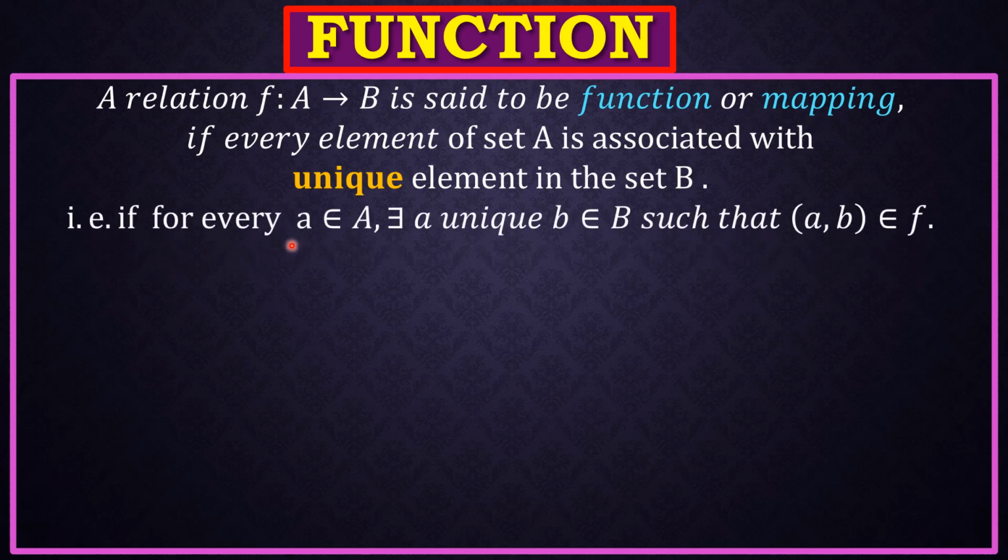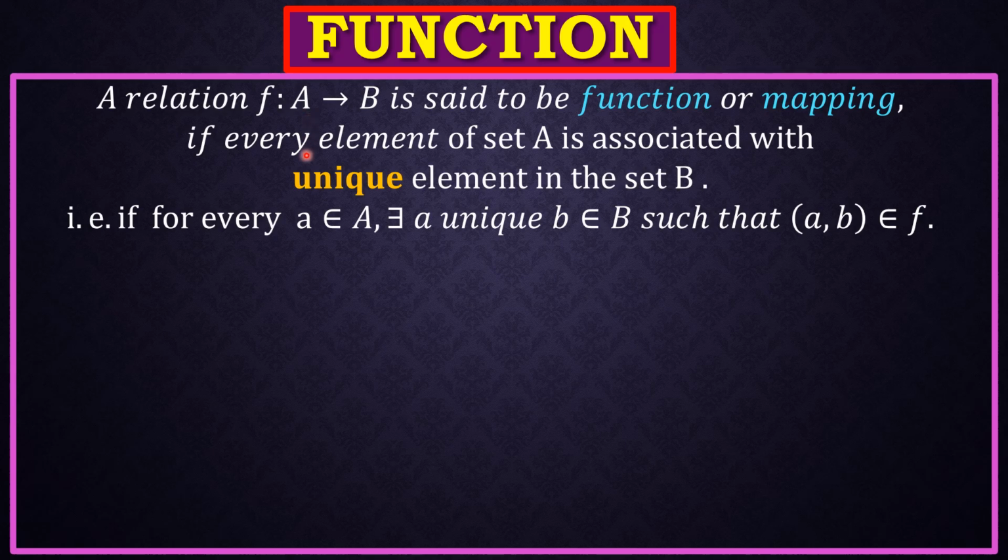That is, for every a belongs to A. For every a belongs to A means we take more than one element in set A. Suppose we take the set A as the natural number set, with the elements 1, 2, 3, 4, 5 and so on.